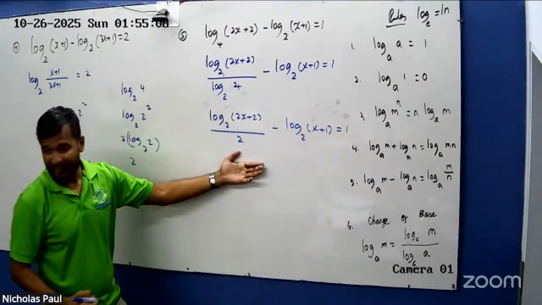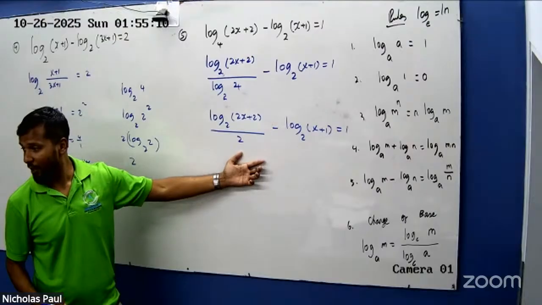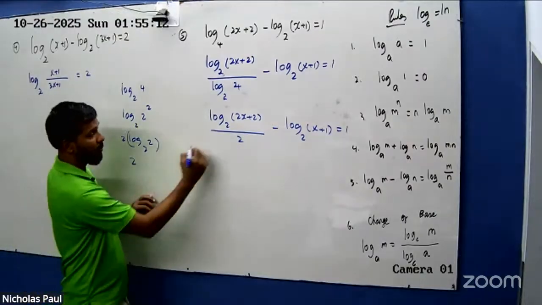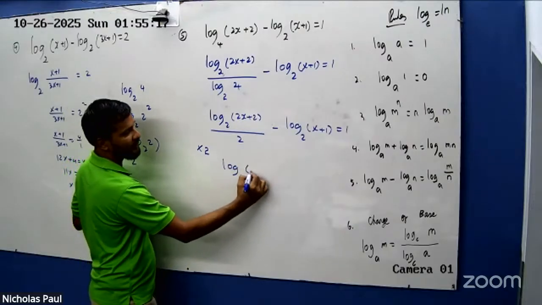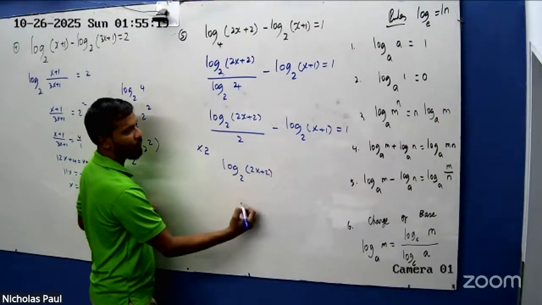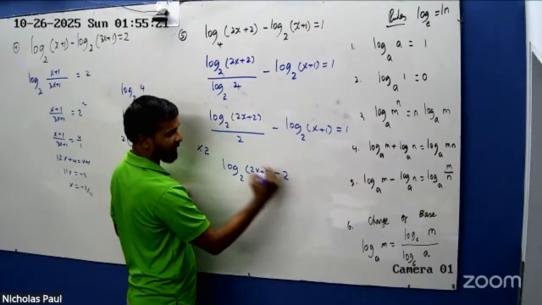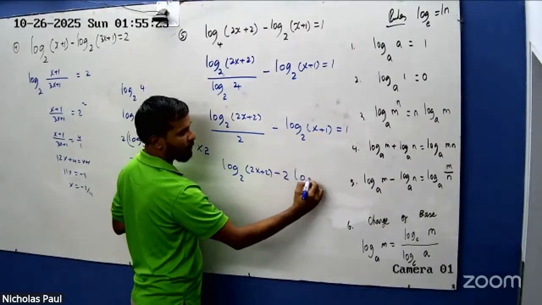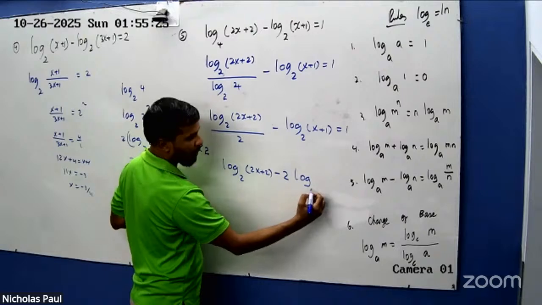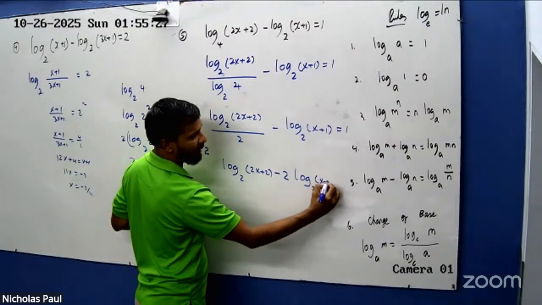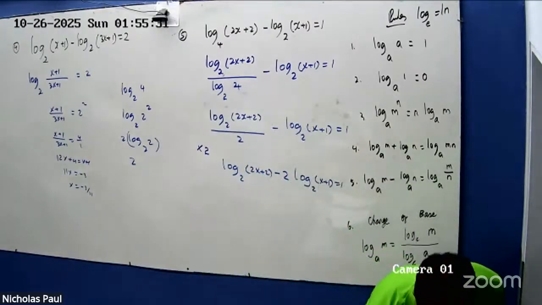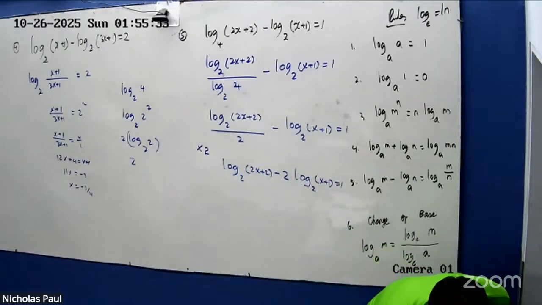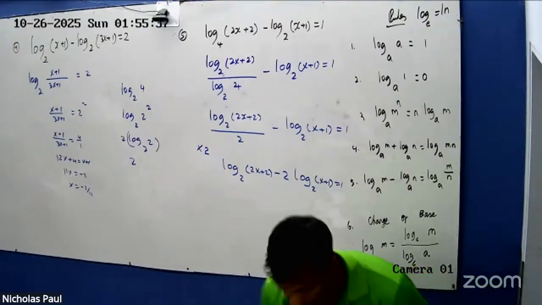I don't like this fraction. How do we get rid of fractions? Multiply everything by 2. So that'll be log to the base 2 of 2x plus 2 minus 2, because I'm multiplying everything by 2, log to the base 2 of x plus 1, equal to 2.